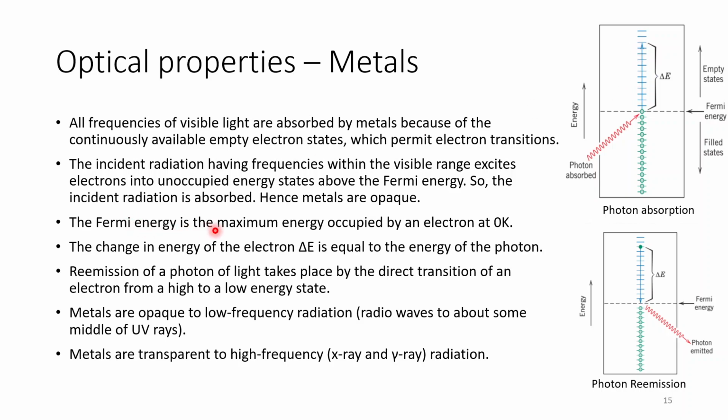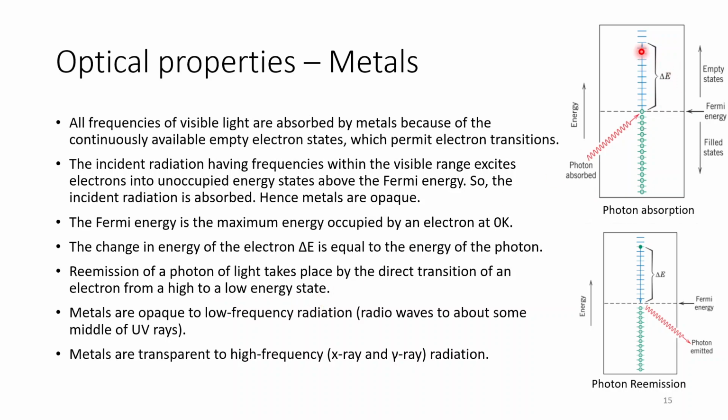The Fermi energy is the maximum energy occupied by an electron at 0 Kelvin, and the change in energy of the electron, delta E, is equal to the energy of the photon. So the energy of the photon will decide how many states this electron will jump. Re-emission of the photon of light takes place by the direct transition of the electron from a high to a low energy state.